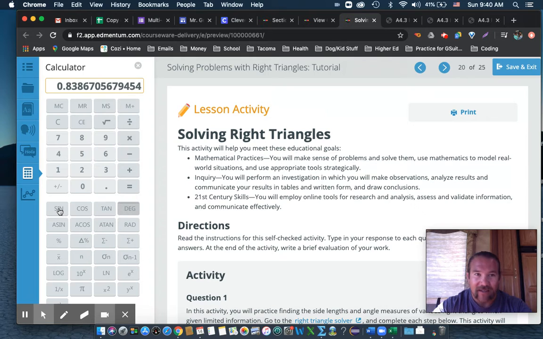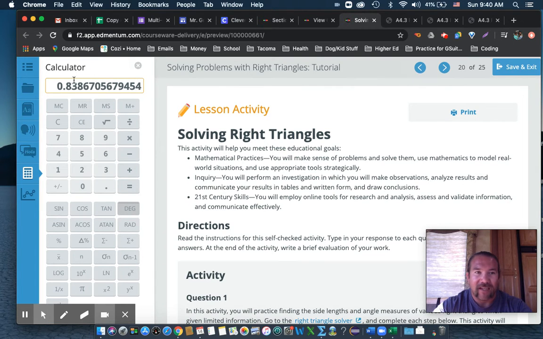You hit sine. So that is the decimal value of the sine of 57. So what we're doing is we're doing 30 times this amount. So now if I hit equals, that's the result of doing 30 times the sine of 57. So one more time, 30 times 57 sine.